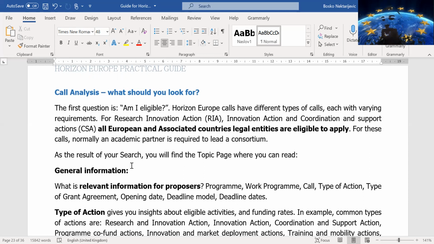There are different types of calls, like research and innovation actions that I mentioned, innovation actions, coordination and support actions, and so on. All European and associated countries' legal entities are eligible to apply.